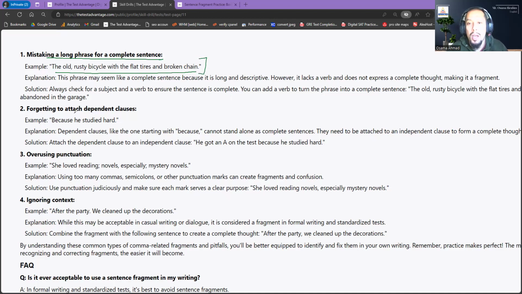How is this incomplete? يا شازة. ايه اللي يخلي الفكرة دي يبقى incomplete؟ فاكرة احنا بنسأل نفسنا ايه؟ هل في subject هنا في الجملة؟ No. Yes, there is. The bicycle.